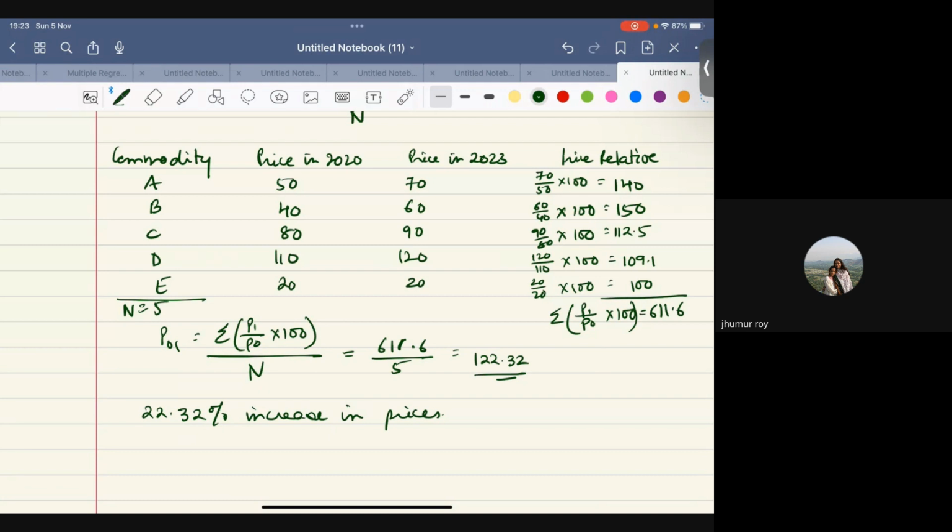and the answer that you got from the previous method. We consider the price relative method to be a little better because it is giving you a more specific answer. It is giving you 22.32% as a change, whereas that method just told you that it was a 20% change.